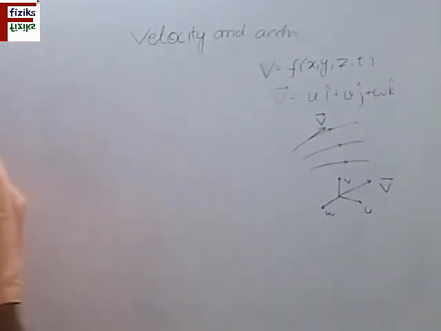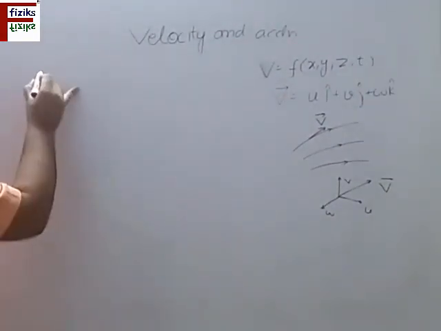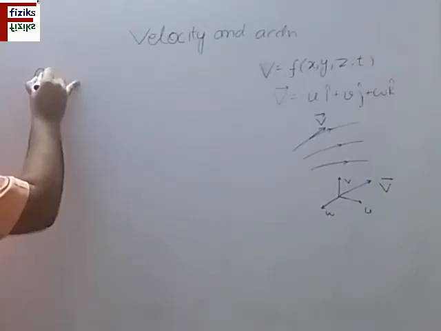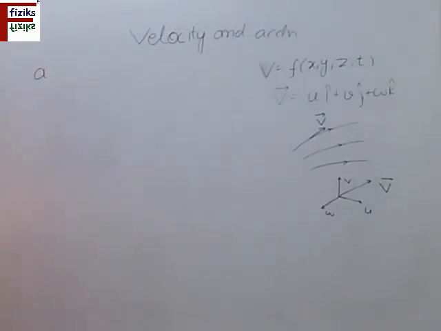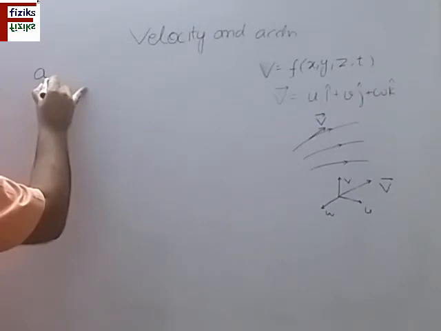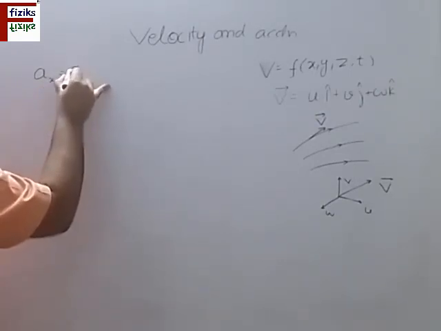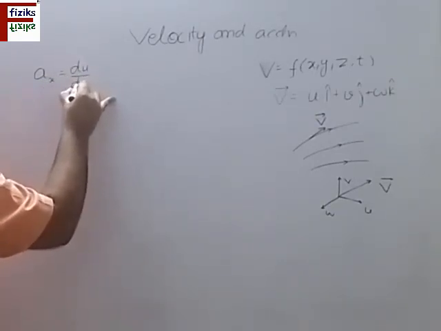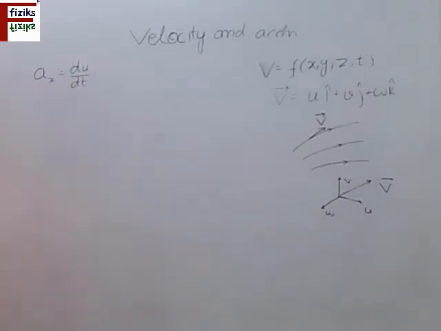So we can write the acceleration. So the acceleration of the flowing fluid can be written as, say in x direction, first I want to write du divided by dt. So I will have to write the equation for exact differential of u with respect to time, which is a function of space and time.